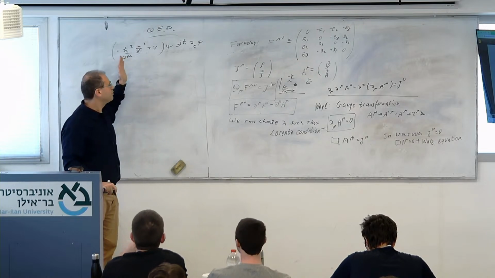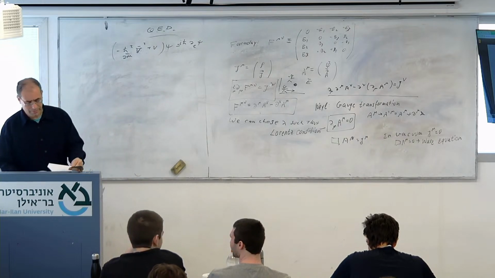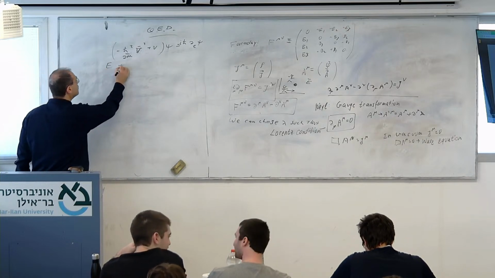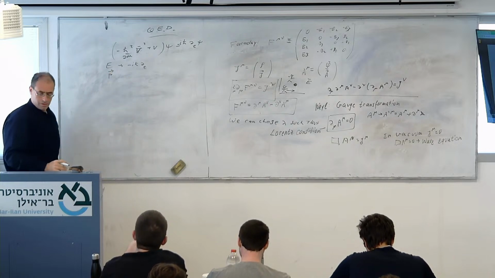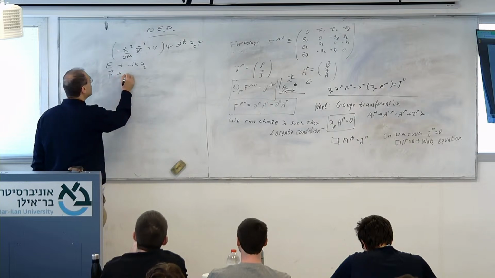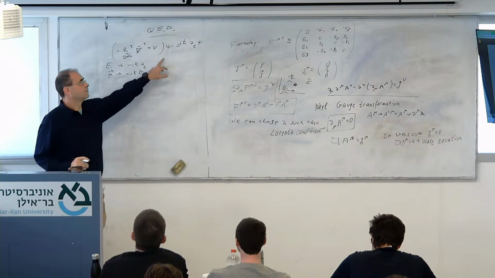So I took the energy, I took the momentum, and turned them into operators. E turned into i h bar d_t. P turned into minus i h bar nabla. They work on the wave function.